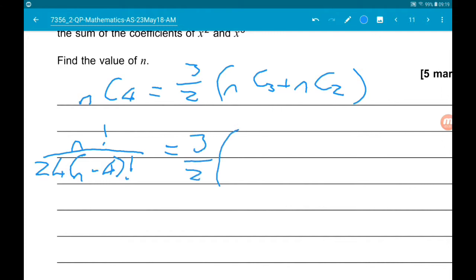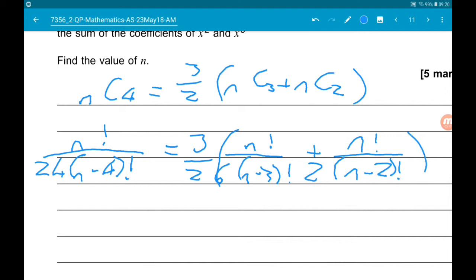Now this is equal to 3/2 n factorial over 3 factorial, 3 times 2 times 1, which is 6, times n minus 3 factorial, add n factorial over 2 factorial, so 2 times 1, which is 2, lots of n minus 2 factorial.